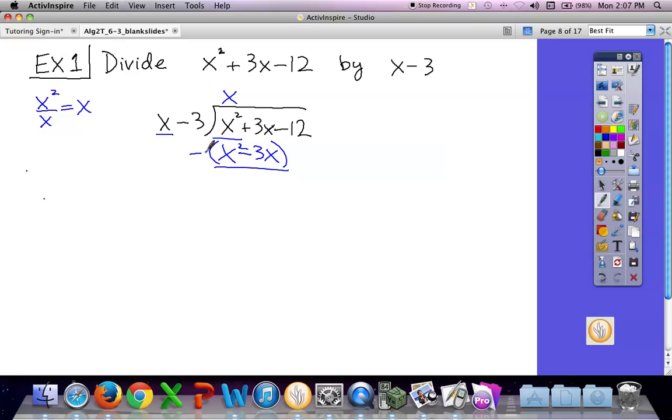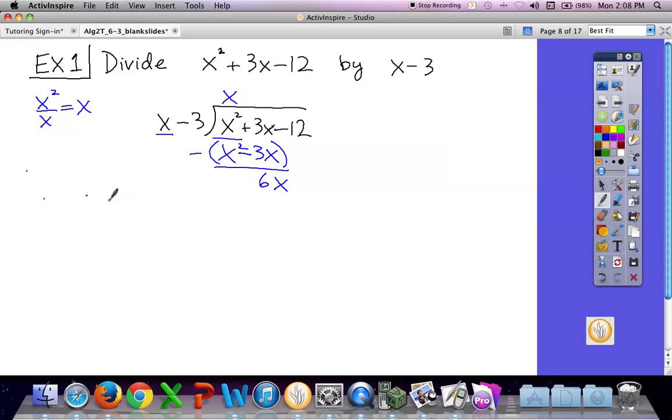Now, this is the place where we make the most mistakes. 3x minus negative 3x. 3 minus negative 3. 3x minus negative 3x. Positive 6x. If you have trouble with subtracting negatives, then you better use your calculator. Get it right, because you don't want to be wrong at this really early stage in the division.